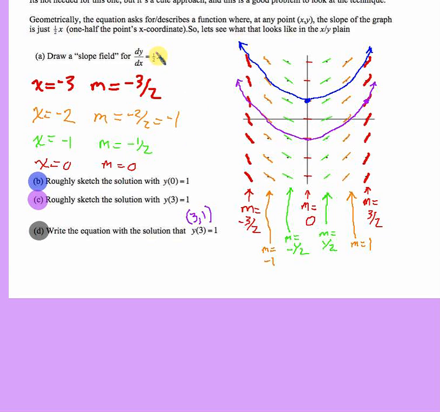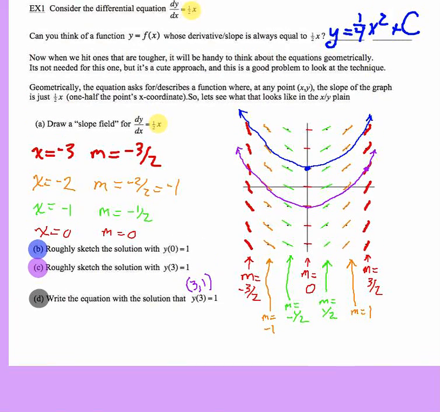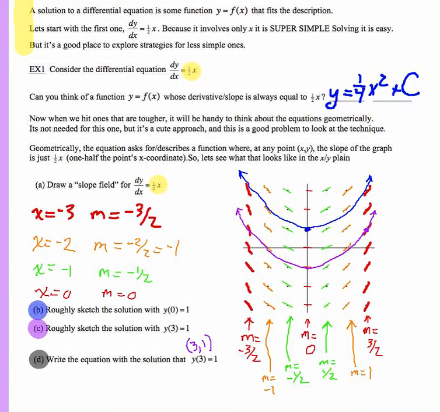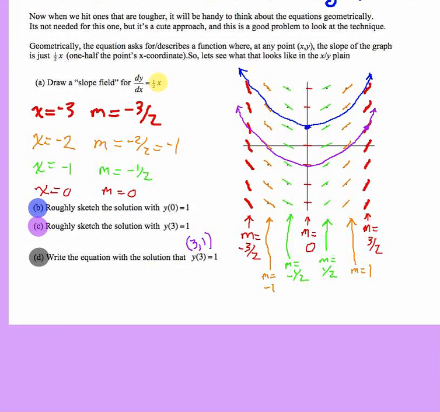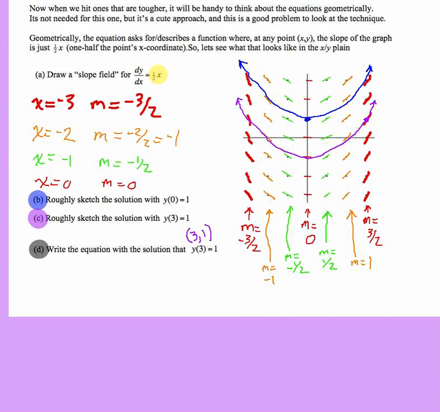So if we know that this is the slope, and we know that we have this point, up above here we had already determined that the antiderivative of this was y is equal to 1/4 x squared plus c. You see it there in blue. Well, if I know that I have this point (3, 1), then I can algebraically solve this, because I know that my parent function, which is always going to have a slope of 1/2 x, looks like this.